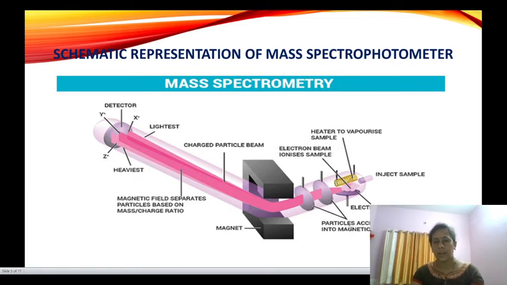Here, the particles are accelerated into the magnetic field. Then, the cations are separated according to their mass to charge ratio with the help of magnetic field separators, and then the intensity of the cations in terms of ionic current can be detected by means of a detector.